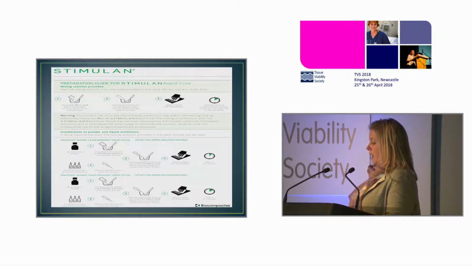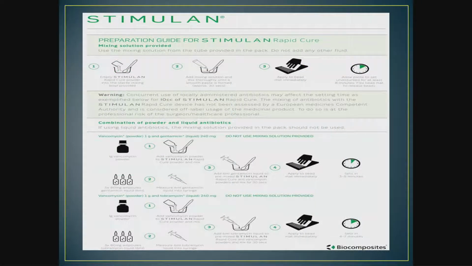This is just a quick guide as to how you make up the beads. So you have a powdery solution, and you have a liquid if you're not using a liquid antibiotic. The instructions are all there for the different antibiotics that you can use and how to change the preparation if necessary. In the case study that I'm looking at, we use vancomycin.